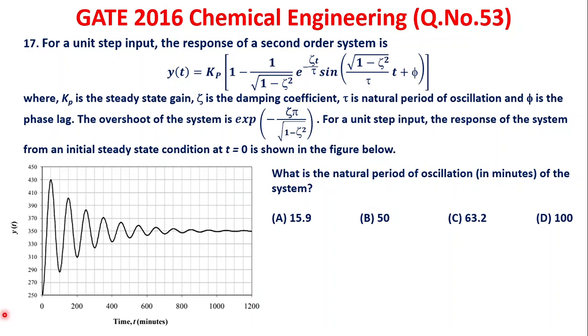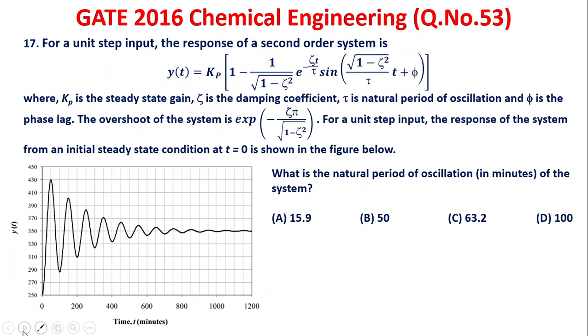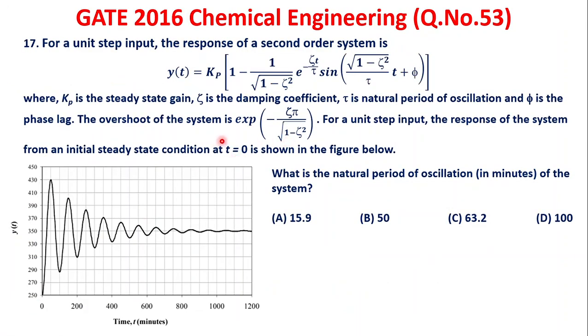What I have done is I have written the expression for C(t), here it is y(t). They have given y(t), so I have written it. We need to find out the peak overshoot. They have given the overshoot and are asking for the natural period of oscillations.